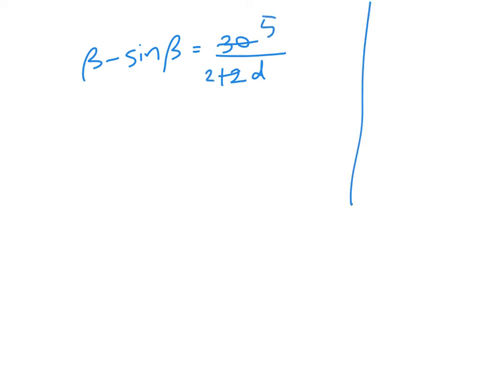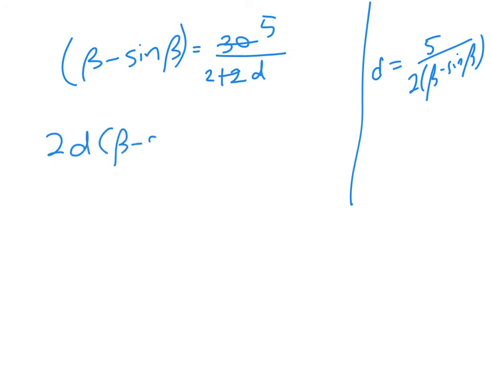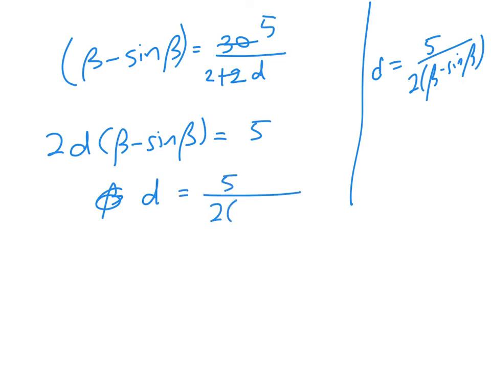Now remember, where I'm trying to go is to show that d equals 5 over 2 times beta minus sine beta. So you can see that I'm nearly there, right? Cross multiplying, I'm going to pop that into a bracket. We get 2d times beta minus sine beta is equal to 5. And now I get d is equal to 5 over 2 times beta minus sine beta, as required.